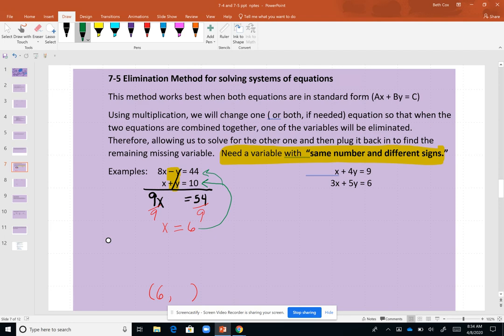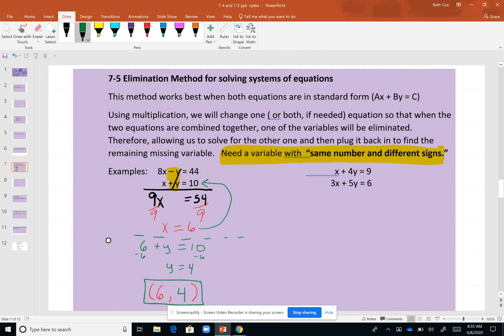Technically you can put it in the other one if you want to, but I chose the bottom one because it was easier. So if x is 6, 6 plus y has to equal 10, and many of you can do that in your head. y would have to be 4. And so there's my answer for that.